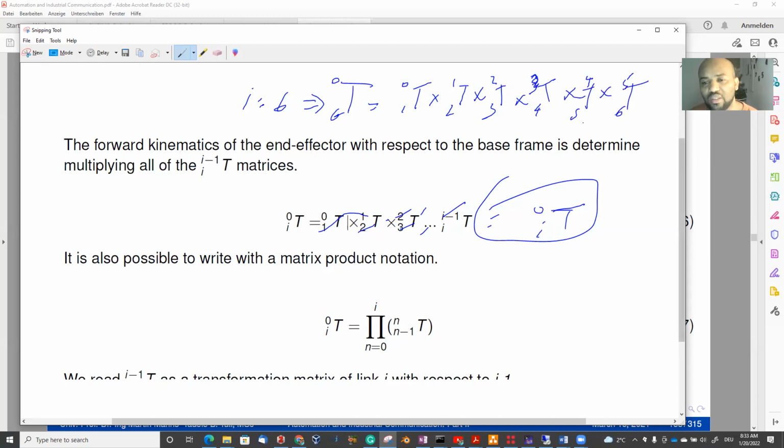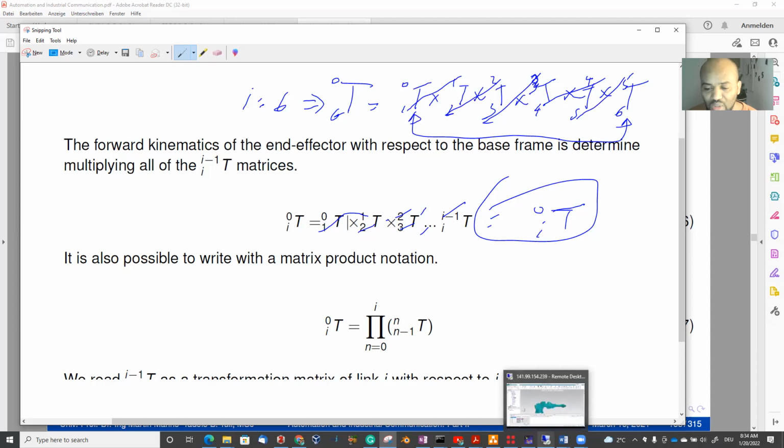So when you multiply these matrices, the indexes will kill each other just like this. Then finally you will have the matrix which connects the first joint with the last joint.